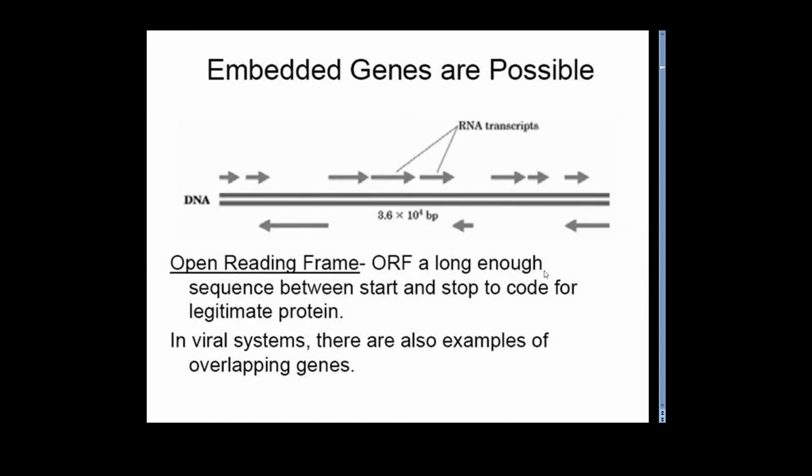Now you can see the orientation of genes; the coding part and the template part can be oriented in different directions of DNA, because DNA is double stranded, and one strand is called the template, which is used for synthesis of messenger RNA, and the second strand is called coding.